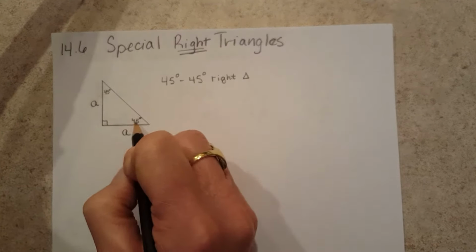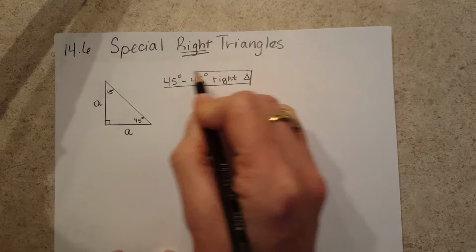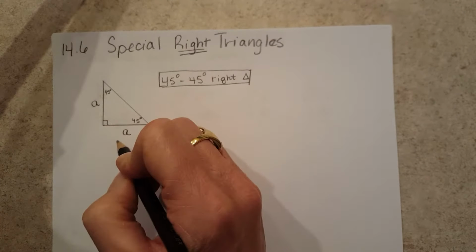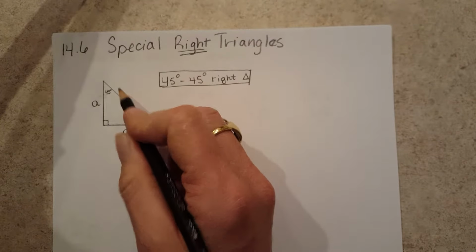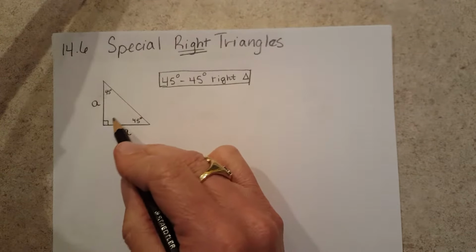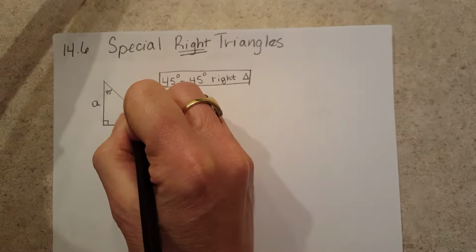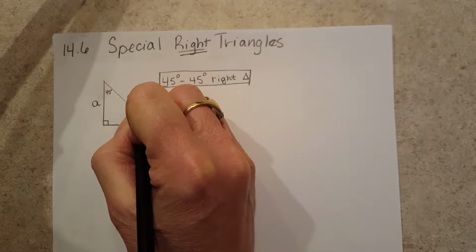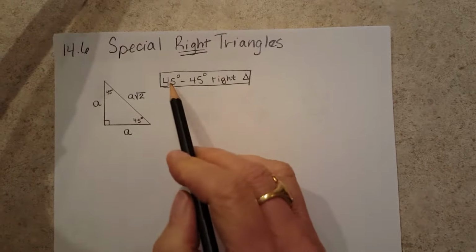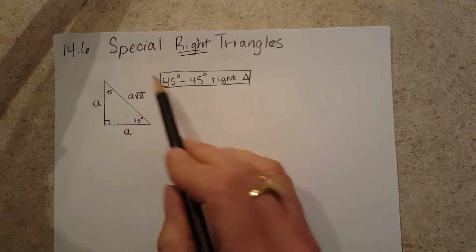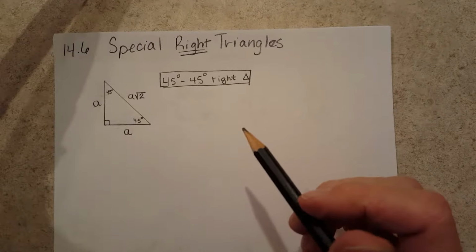If it's a 45-45 right triangle, then the two legs are always going to be the same, A and A. The hypotenuse, then, this longer side, which is always across from the right angle, is A times square root of 2. Those are the proportions that a 45-45 right triangle will always have. Okay, and I will apply that in just a minute.